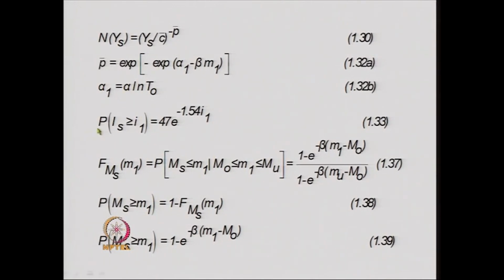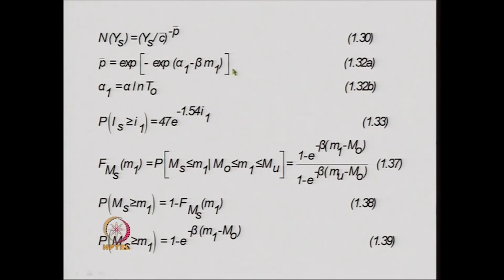This equation shows the probability of exceedance of the intensity of an earthquake. The probability of exceedance of an intensity of earthquake for a level small i1 is given by an equation like this. Again, this is an empirical equation. All of them are empirical equations.